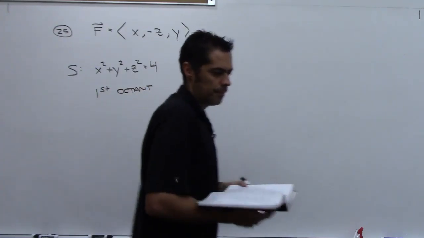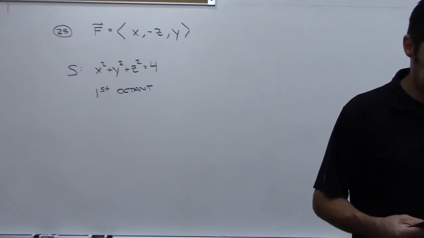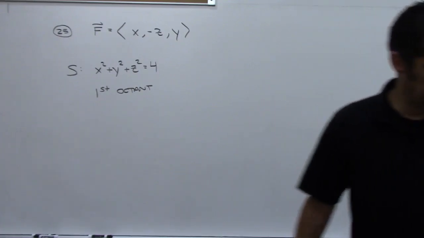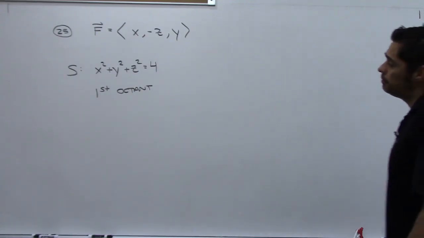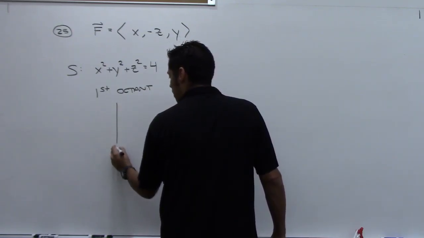All right. And they want us to use orientation toward the origin. All right, well, first thing we need to realize is what we're working with here as far as the surface.